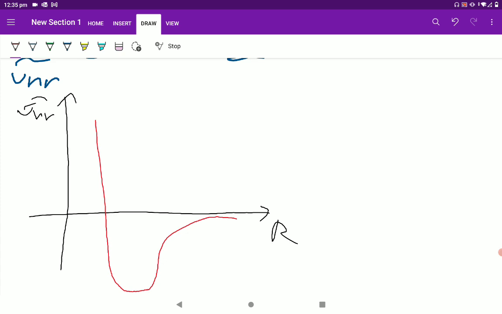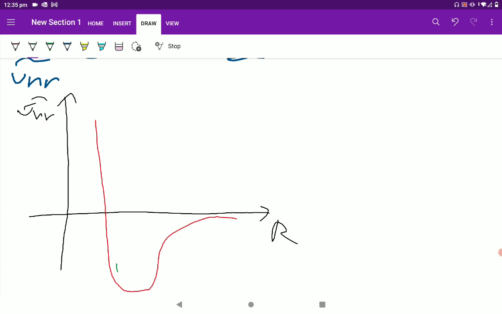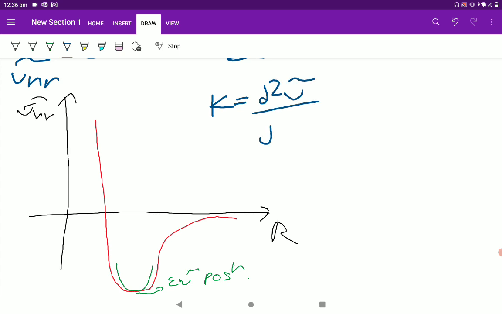If we study the small vibration around the equilibrium position, which is this one, this is equivalent to approximating this potential to the second order, which is further equivalent to having a spring between the nuclei. That is, the spring potential can be given by this expression.